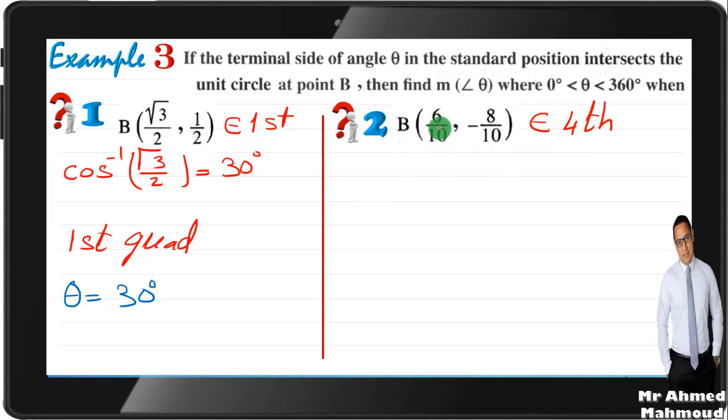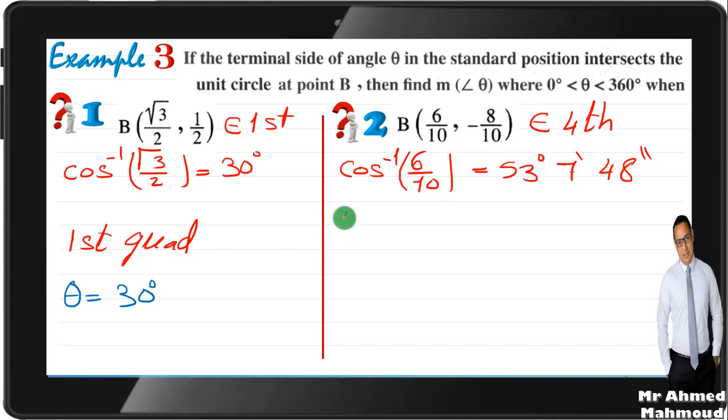Cosine is 6 over 10 and sine equals negative 8 over 10. It's better to choose the cosine because it's already positive, so I will shift cosine 6 over 10, which equals 53 degrees 7 minutes and 48 seconds.